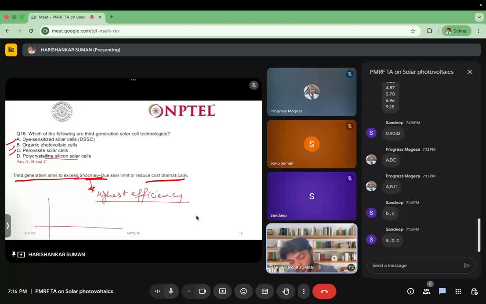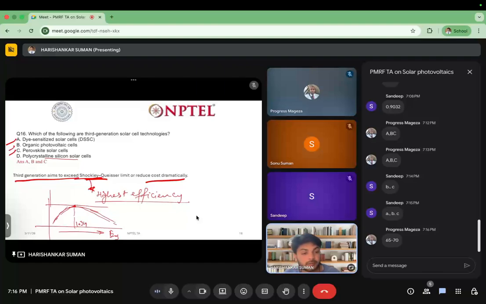You have band gap energy versus efficiency, like that curve, you have the highest efficiency, which is around 1.34. No, this is not the case. I am asking for single junction only, not multi junction tandem.